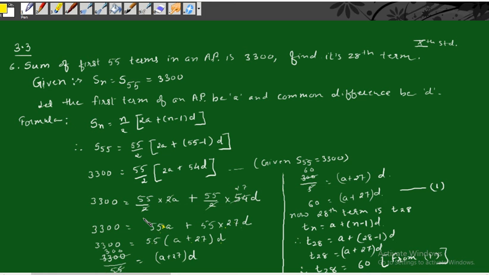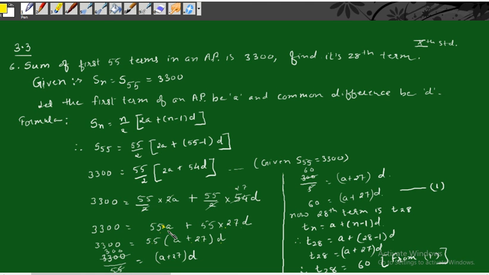Now in this first term and in second term 55 is common. Okay, so I will take common for both. So 3300 as it is, 55 we are taking common.